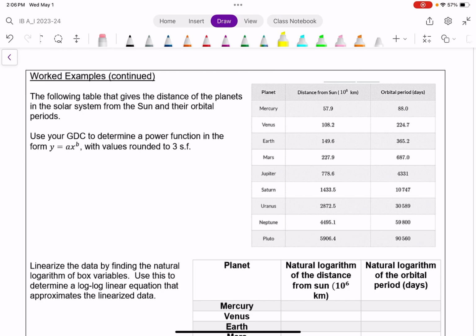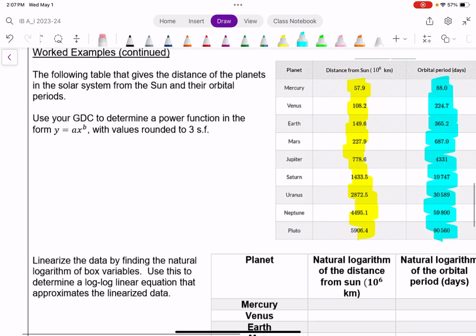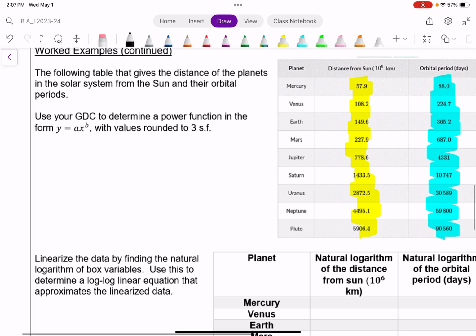This takes a little bit of time on a graphing calculator, but essentially I want to make a table in which my first column will be these values, my second column will be these values, and I want to go to power regression. You want to be familiar with the particulars of your GDC, but pretty quickly, once you type in this table, you should be able to get a power function, and to three significant figures, it should be about 0.201 times x to the 1.50.